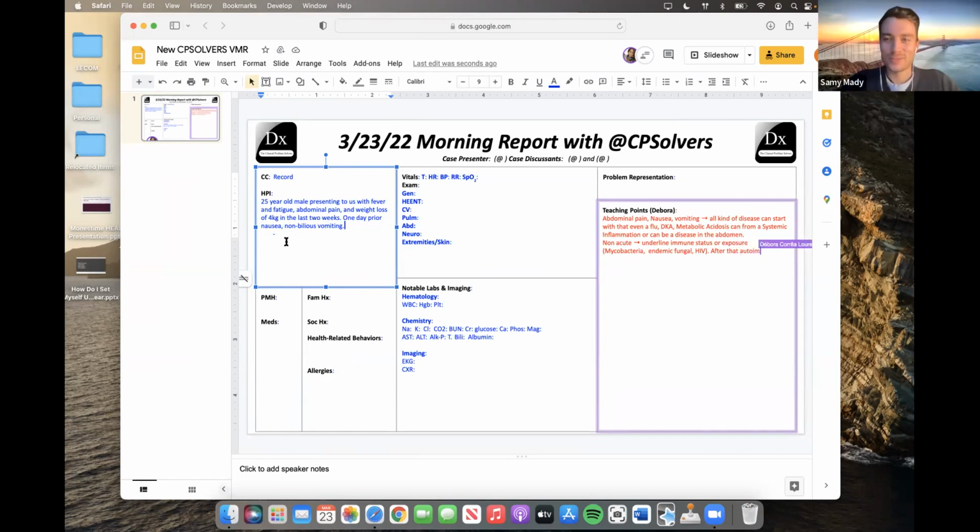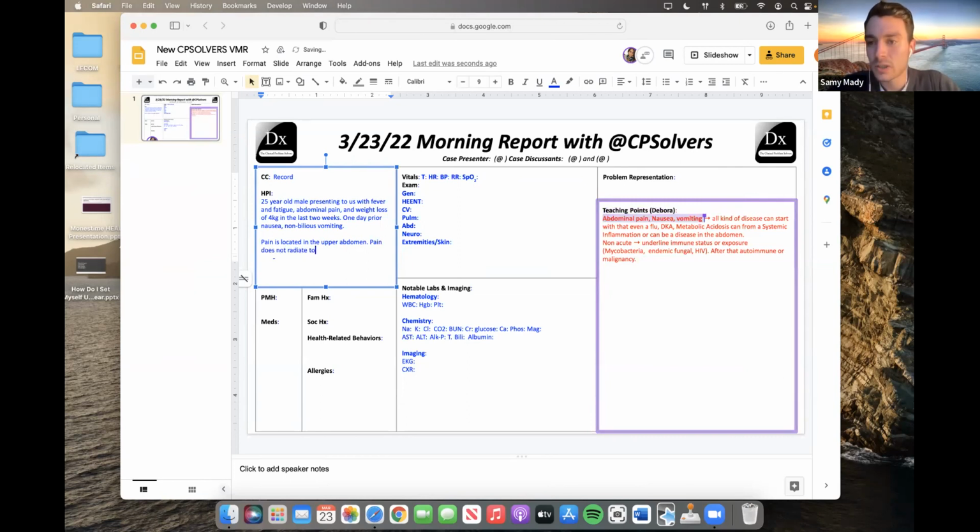Okay, great discussion. So the pain is in the upper abdomen, so he can't really localize it to the epigastrium or the right or the left upper quadrant, but he says the upper abdomen does hurt, but it doesn't radiate to the back or to the shoulders.